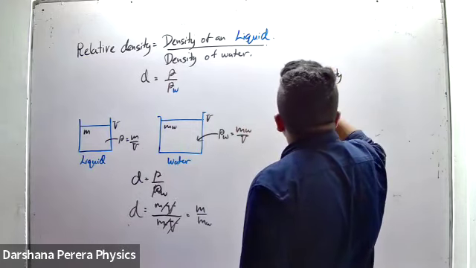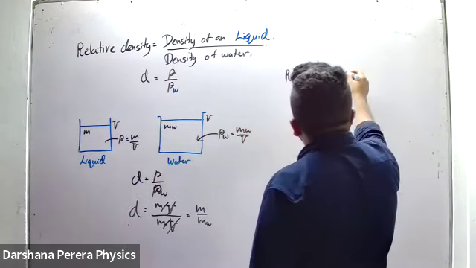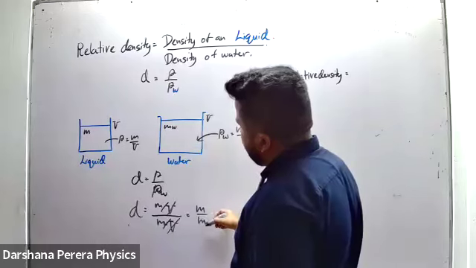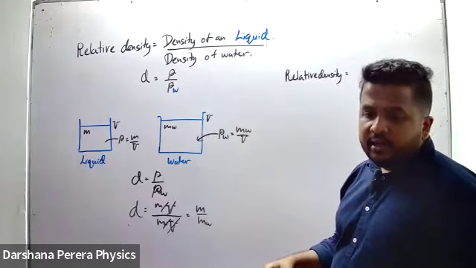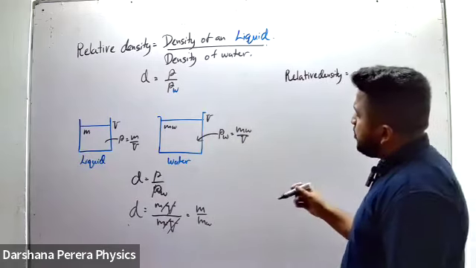How can I take the relative density? Relative density can be taken as the mass of the object over MW, the mass of the water. When it's submerged, I know the mass of the object.